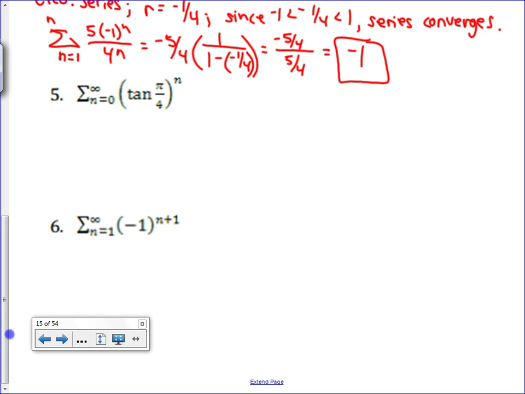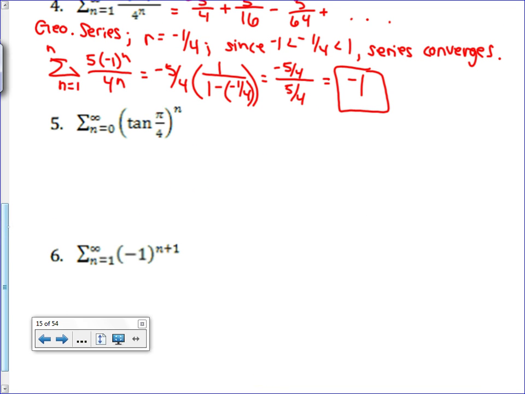Maybe two more. You guys go. I want you to do the last two on your own. Some of you might be able to think through and just do mental math and say, geometric series or not geometric series?